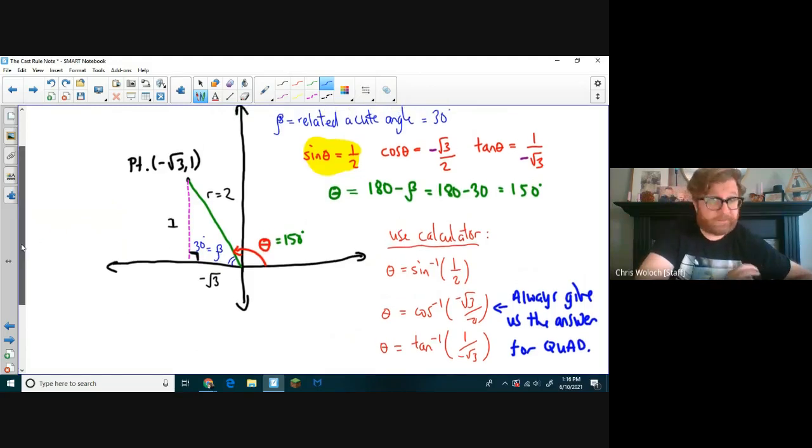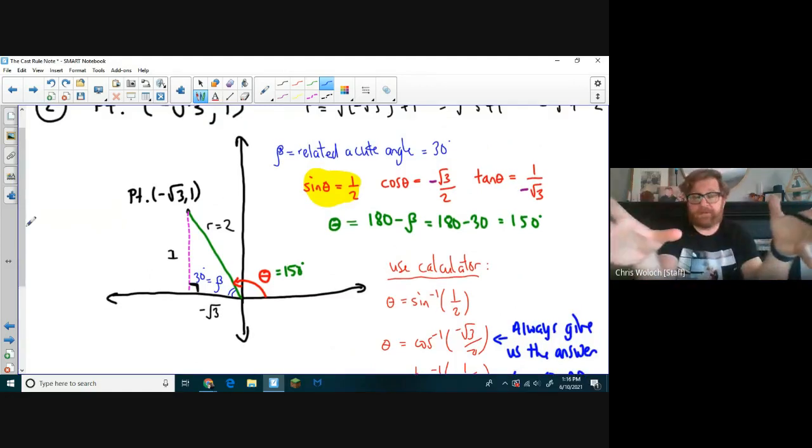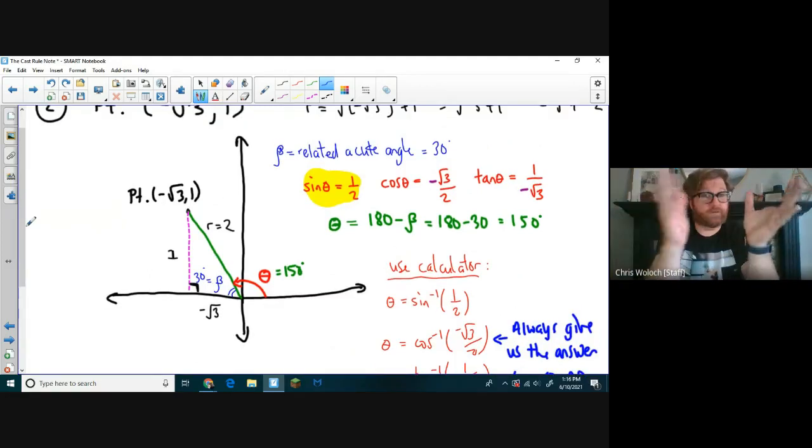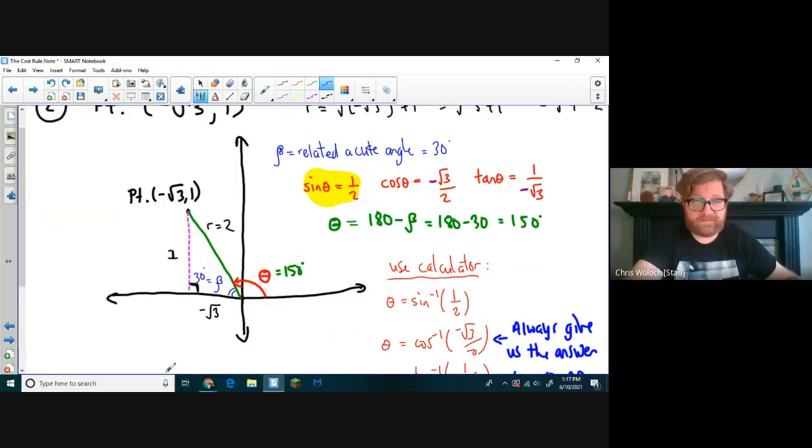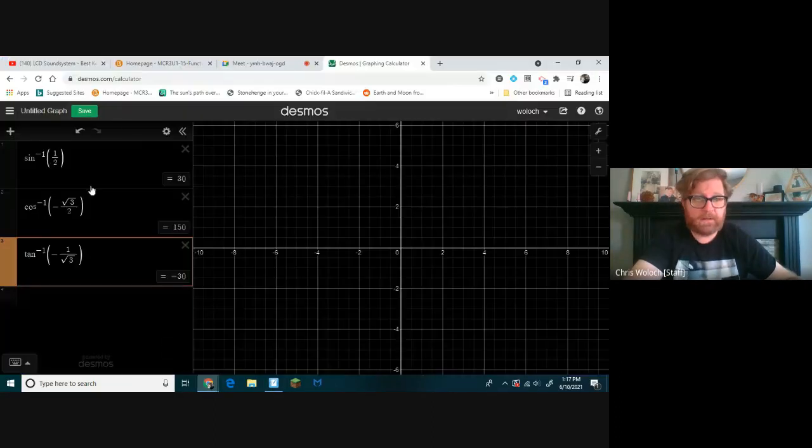So that's why drawing the picture is important. I'm looking at my picture, and I know the terminal arm is in quadrant 2, so that means my answer has to be between 90 and 180.